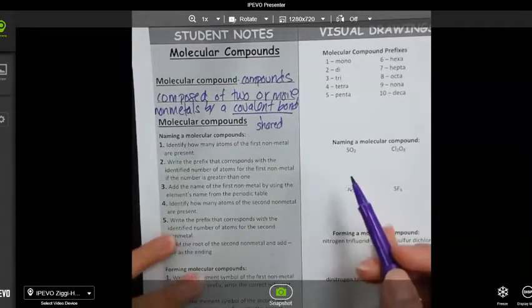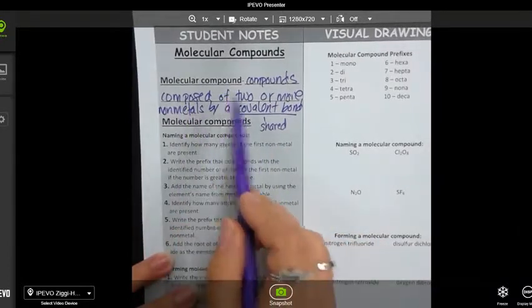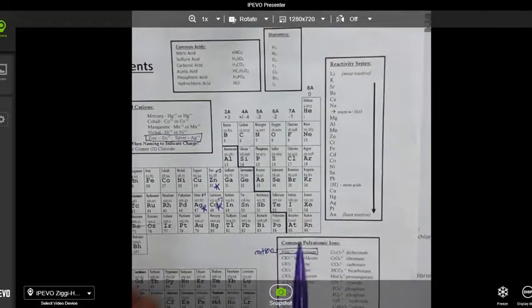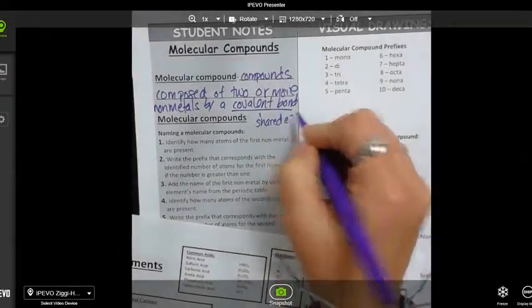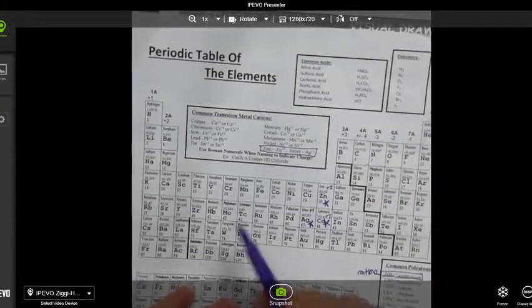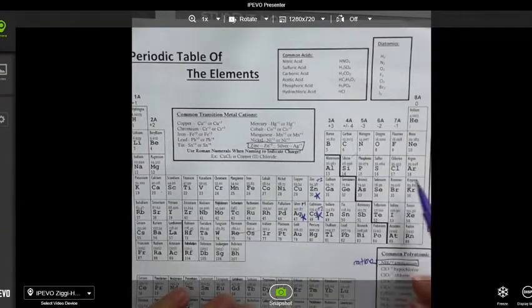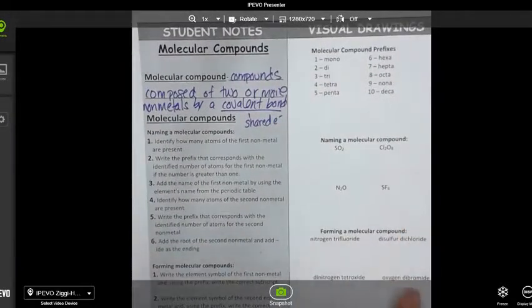But for now, what I want you to know is that molecular compounds are compounds composed of two or more nonmetals bonded together by a covalent bond, which is where electrons are shared, whereas an ionic bond is a give or take of ions, pluses and minuses.